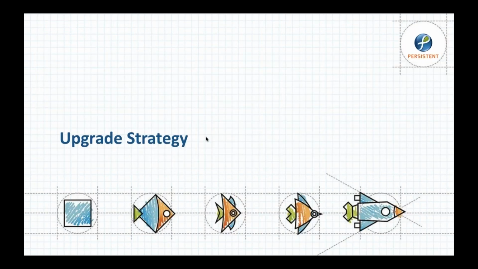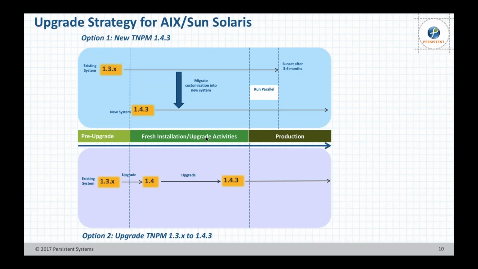Now, before I move on, I'll move on to the upgrade strategy. There are some interesting points here in terms of upgrading TNPM, depending on which version or which OS you're working on, and I'll explain that here. The first upgrade strategy I'll show you is for AIX-based TNPMs, existing systems that are on AIX and Solaris.